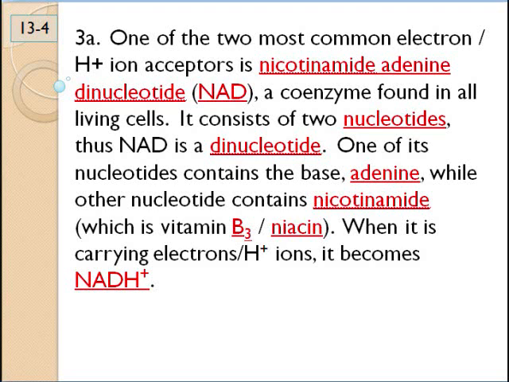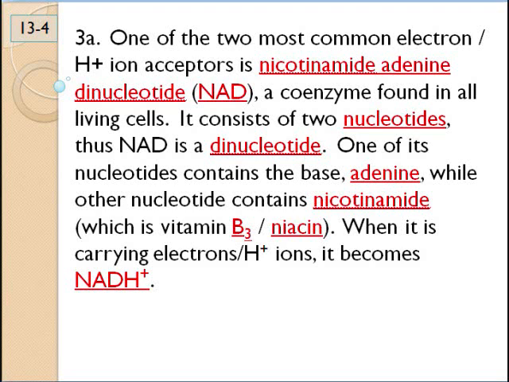There are two very common acceptors in all living things. One's called NAD, and actually it's nicotinamide adenine dinucleotide. That's why I say NAD. But it's a good name for it. Di means what number? 2. Okay. Do you recall adenine from our discussion on DNA? Yes.